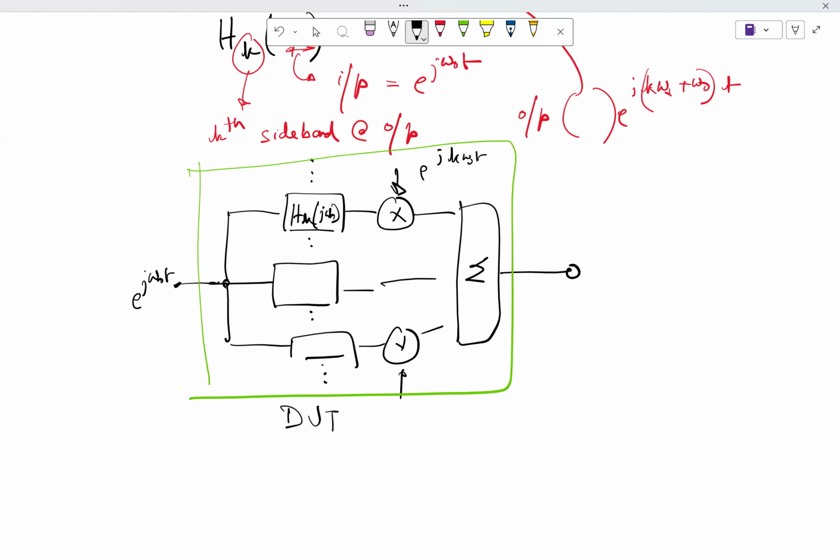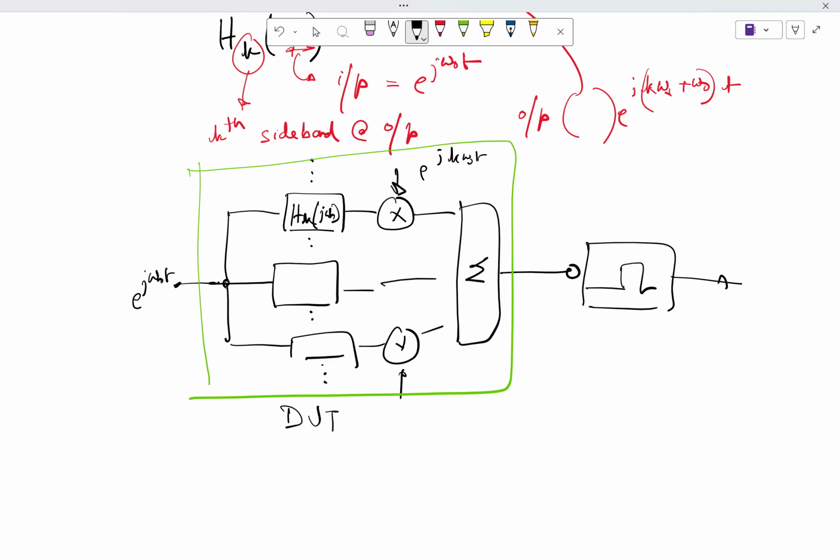So now here I have an LPTV system. I know that I'm going to get a whole bunch of impulses, but I am interested in finding out Hk of j omega naught. So where would I put that bandpass filter? So essentially, I still need a bandpass filter. We agree? So I need a bandpass filter here.